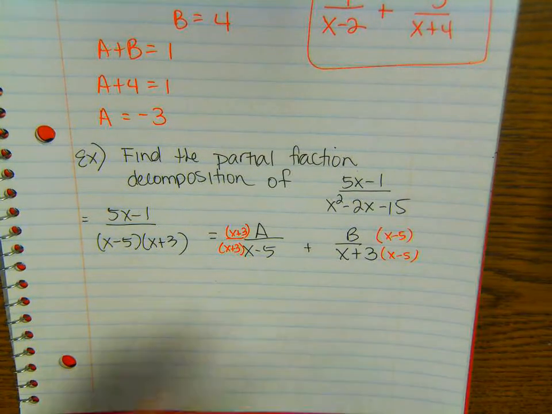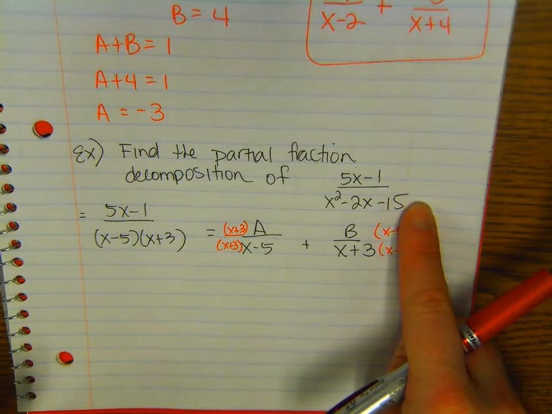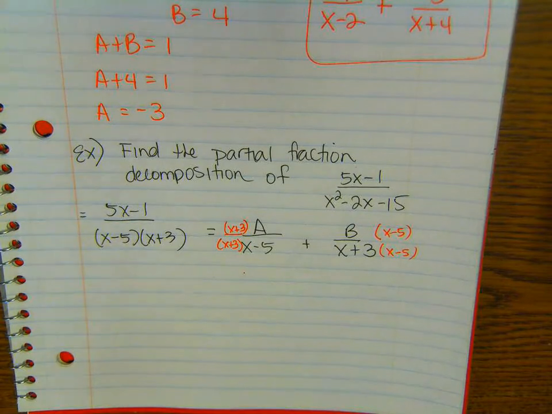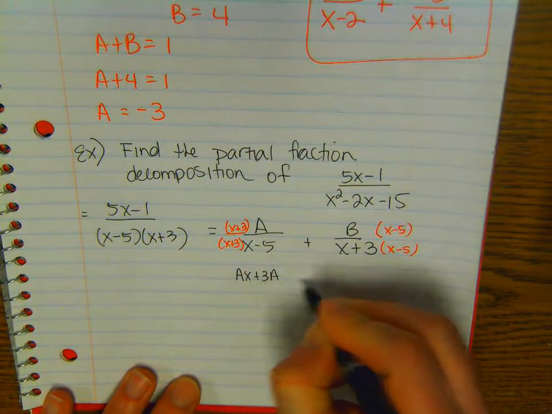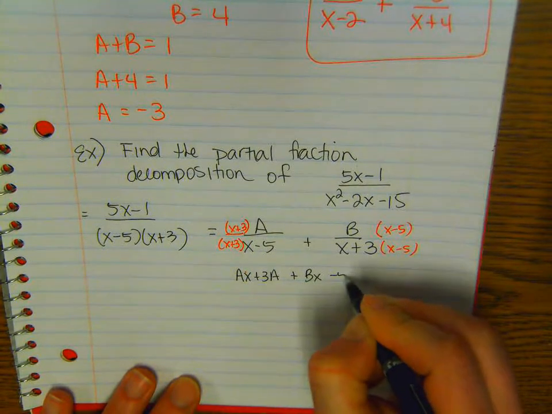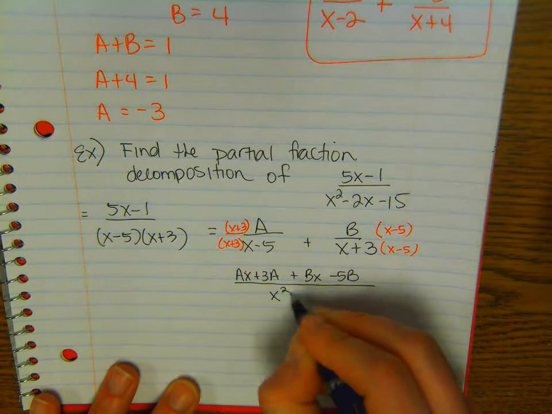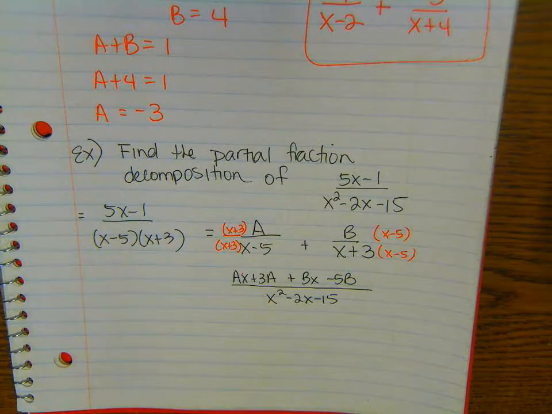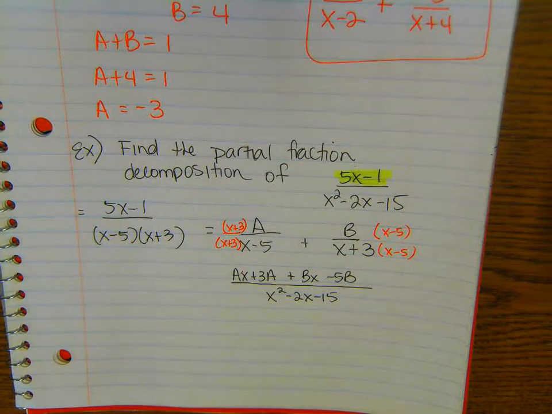Now, we should already know what the bottom equals because we purposely factored it, right? So distributing, I get AX plus 3A plus BX minus 5B. Okay. Now I'm going to ignore the denominators for a little bit because I just want to find out what A and B to make the numerator correct.